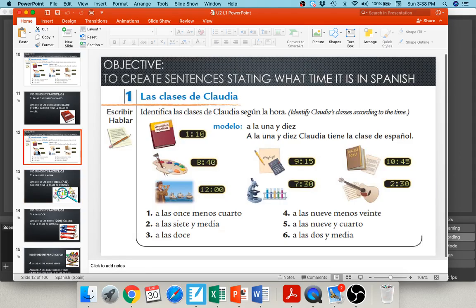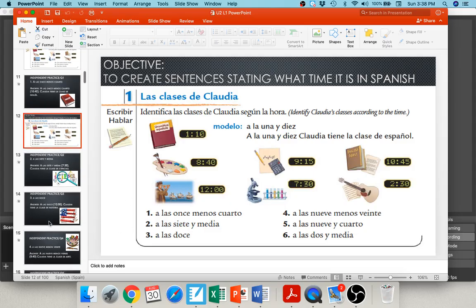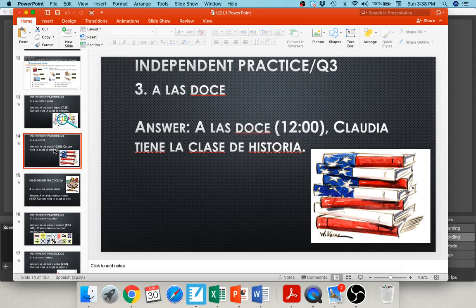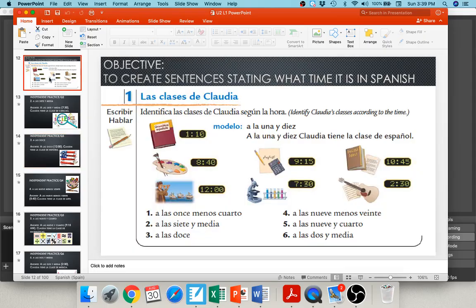In number 3, we're given here a las 12. We know that 12 is 12. And if you look here, it looks like we have Christopher Columbus or somebody peering out through a telescope looking at things. This is obviously history class. So we want to say at 12 o'clock that Claudia has history class. We are going to say that a las 12, Claudia tiene la clase de historia. Hopefully you're getting these right so far.